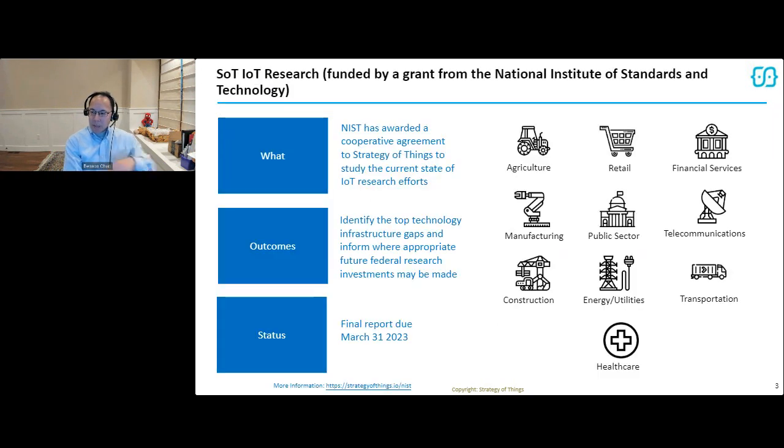Keith mentioned the National Institute of Standards and Technology. About 3 years ago, we were awarded a federal grant to look at IoT technology infrastructure, where the gaps are, where industry isn't doing something that the federal government should be doing, maybe because there aren't the resources or the research in it.